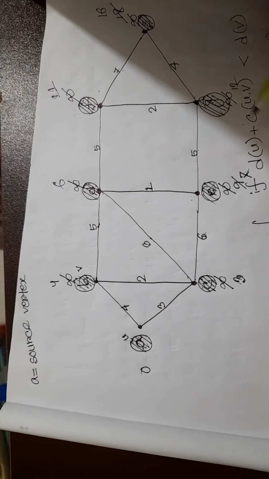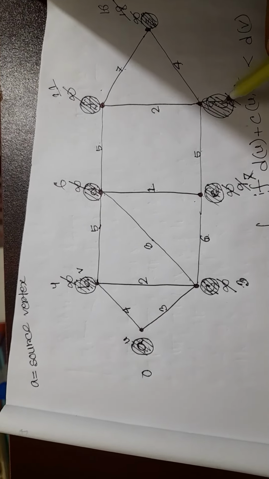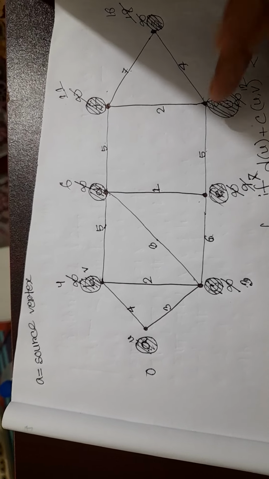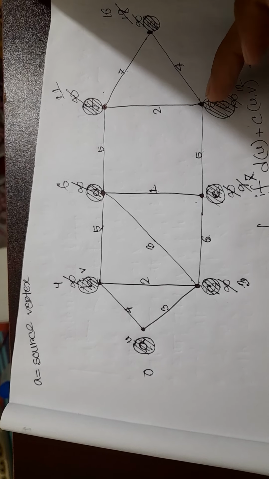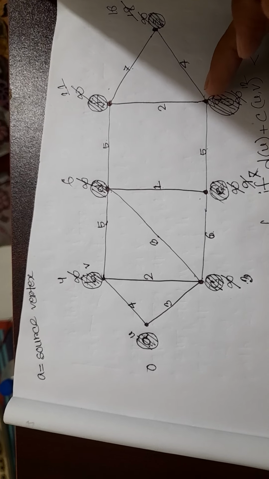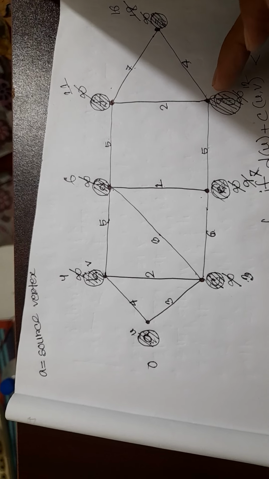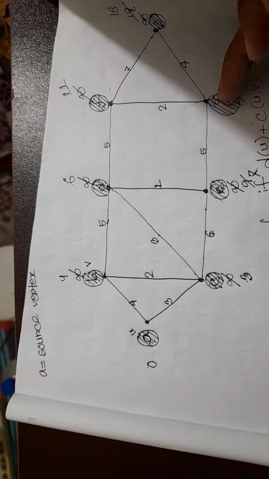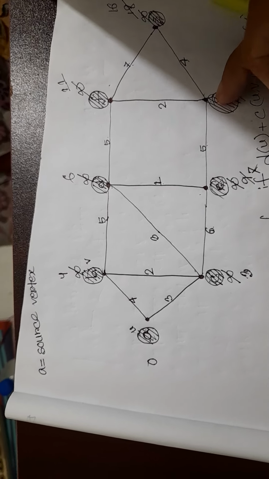The previous of G equals... 12. How can we get 12?